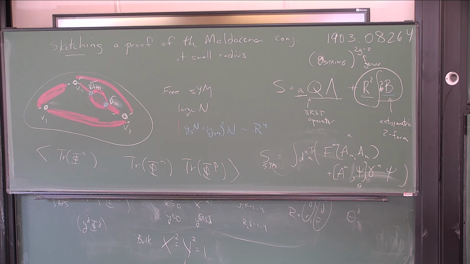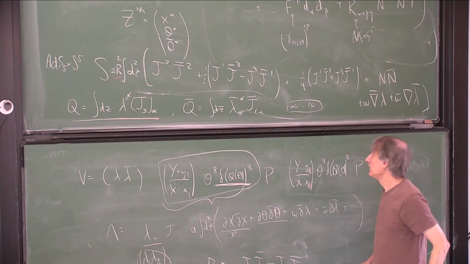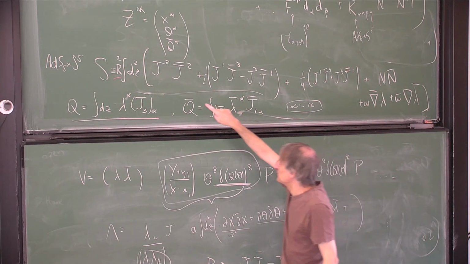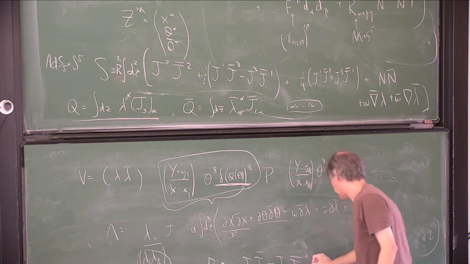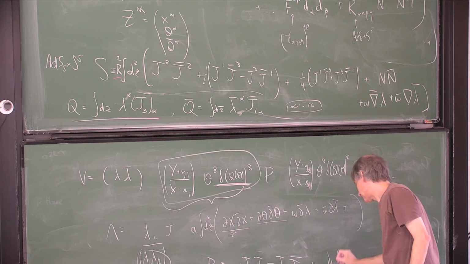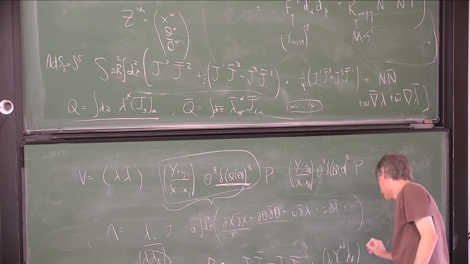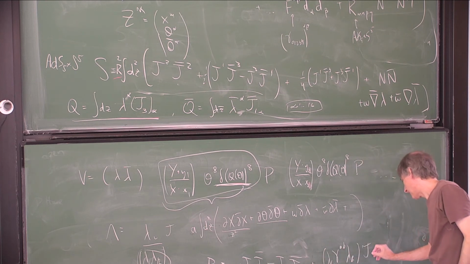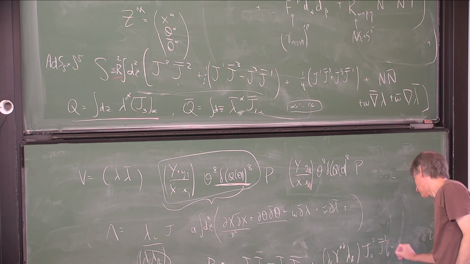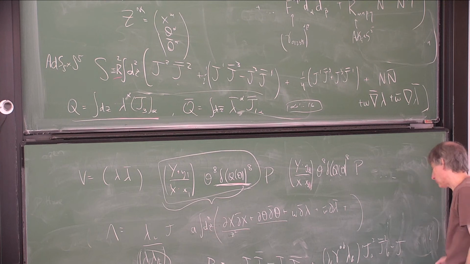That's right. So you get this term, and there's also a piece coming from this term, which is something like plus lambda left, gamma AB, lambda right, J, A, so this is the 2, J bar.